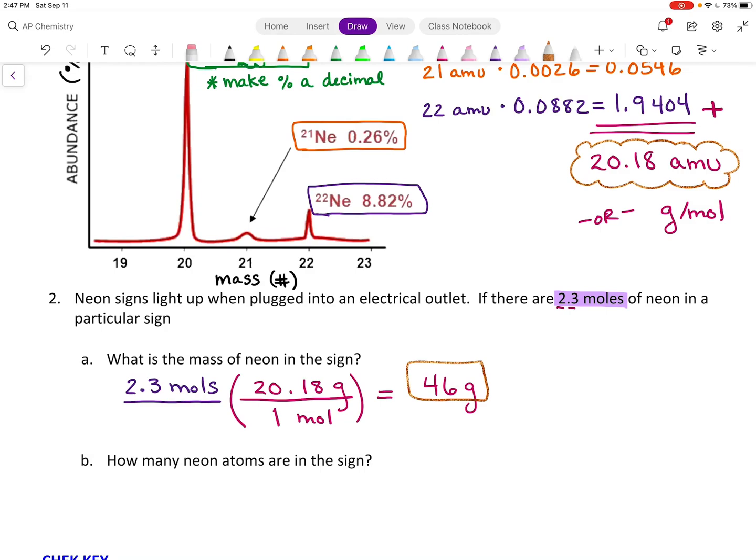Now, what if we wanted to know the number of neon atoms? Well, we would go a different direction. So we're going to start with our 2.3 moles on part B again. But now we want to actually know the number of atoms. And so to know the number of atoms, we want to make sure that we use Avogadro's number.